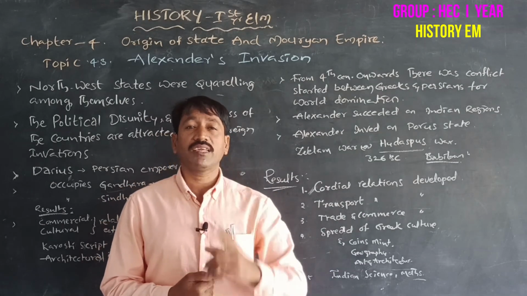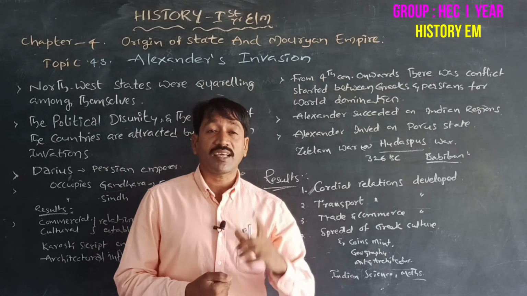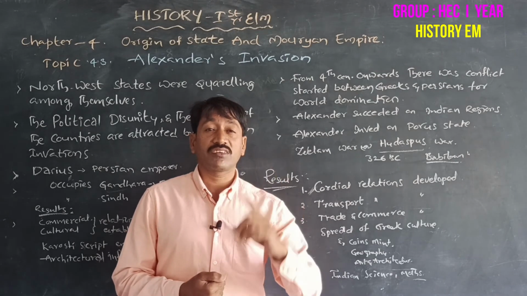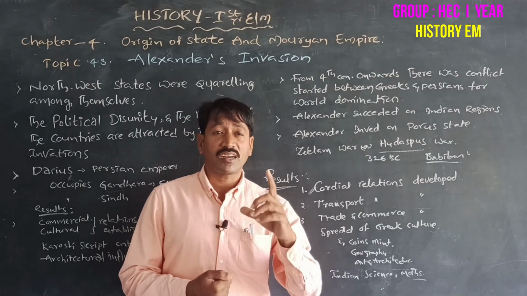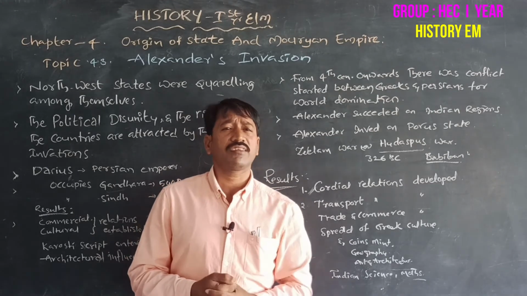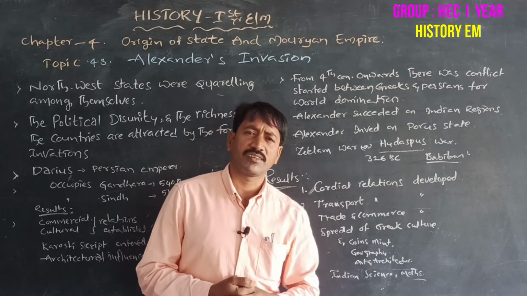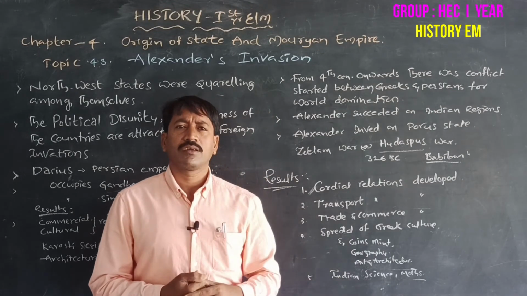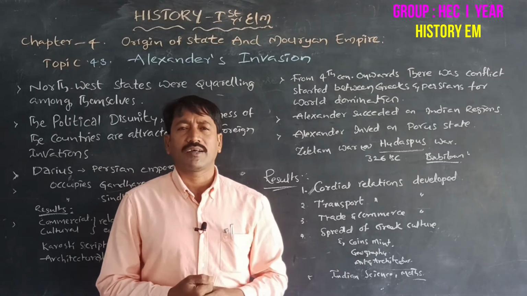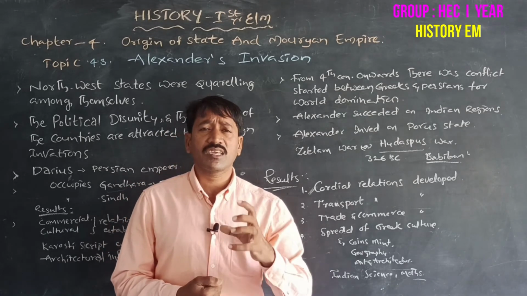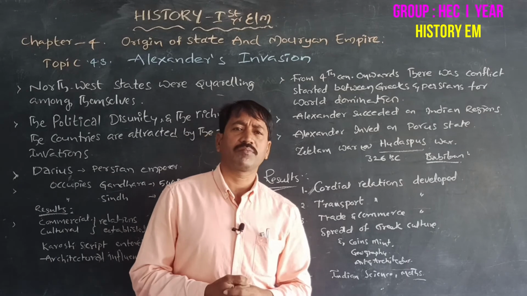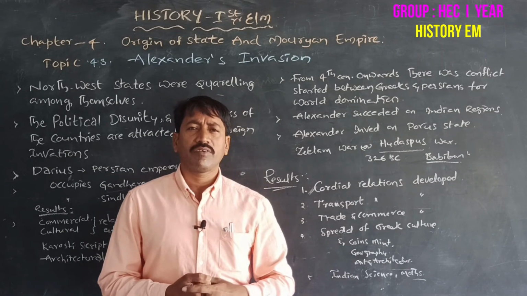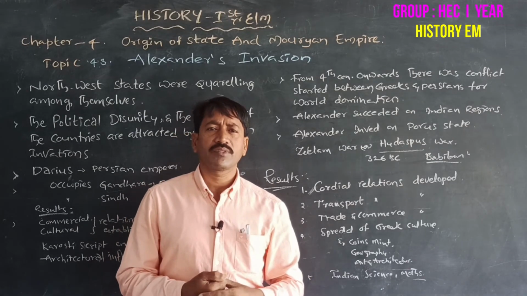But one king did not accept the Alexander invasions and did not accept the strength of Alexander's army and Alexander. That is Purushottama. He was the king of the Porus kingdom. Where is the Porus kingdom?